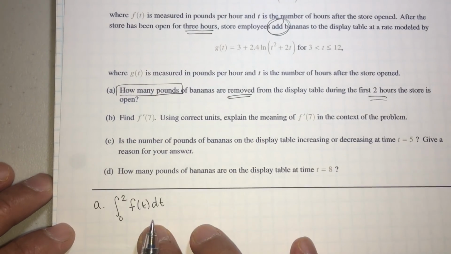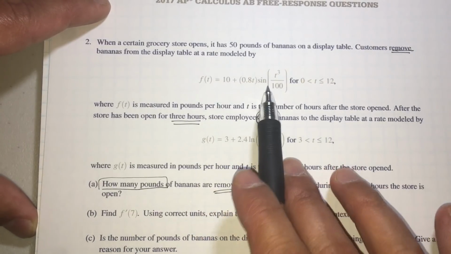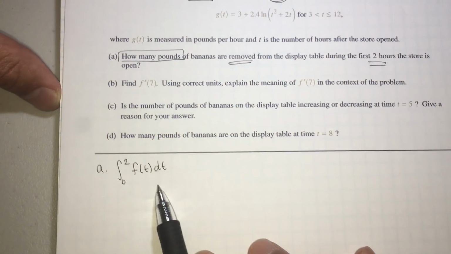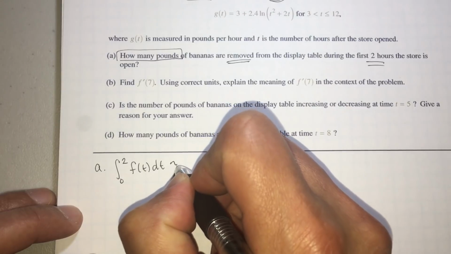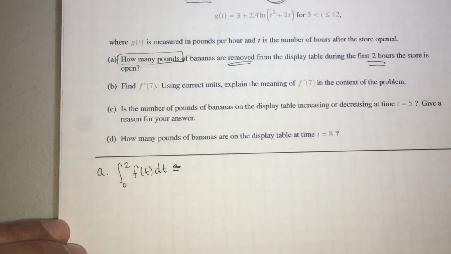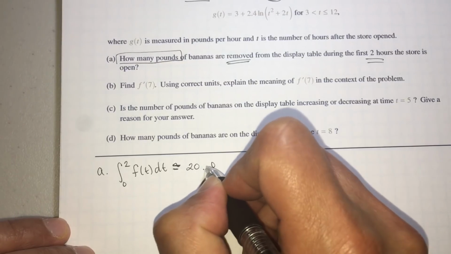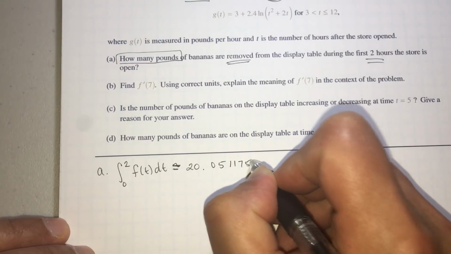You don't need to put in the whole function, okay? You don't need to put in this whole thing here. Why? Because they tell you that f of t equals this. So if you just put this on your paper, you're perfectly fine. And that's going to equal, let's see, you put it in your calculator, you get 20.051175.